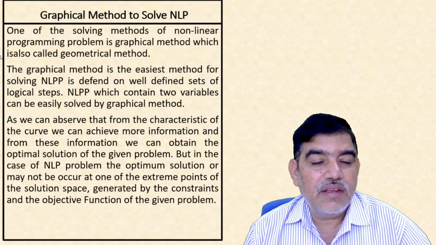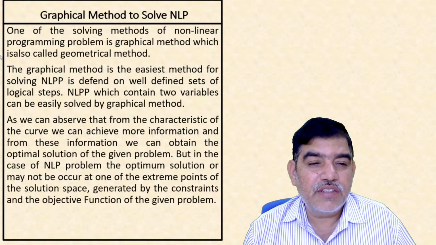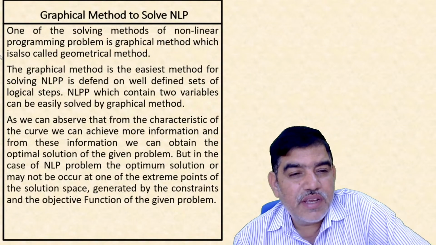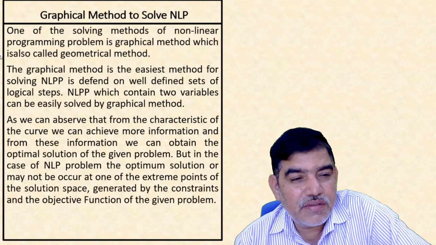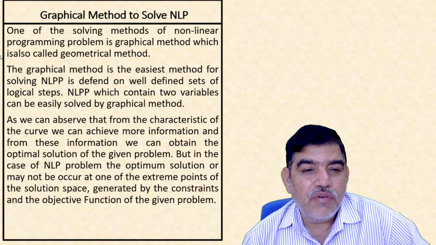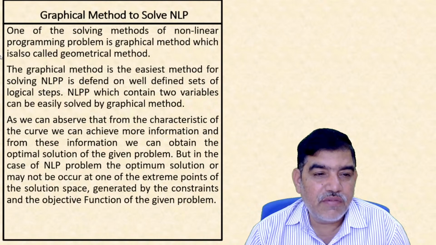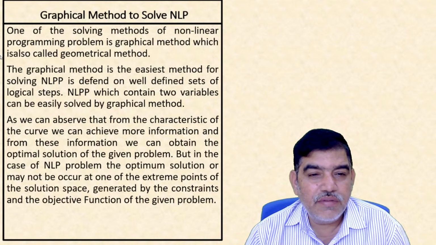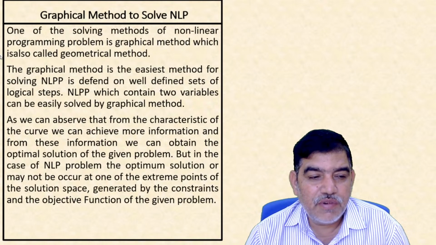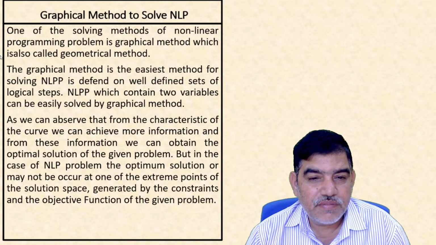An NLPP, that is a nonlinear programming problem, which contains two variables, can be easily solved by the graphical method. We can observe from the characteristics of the curve that we can achieve more information, and from this information we can obtain the optimal solution of the given problem.